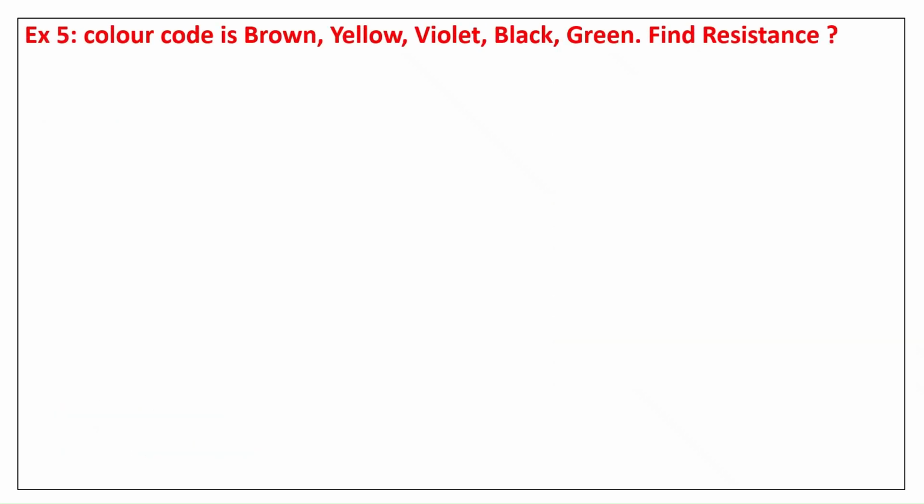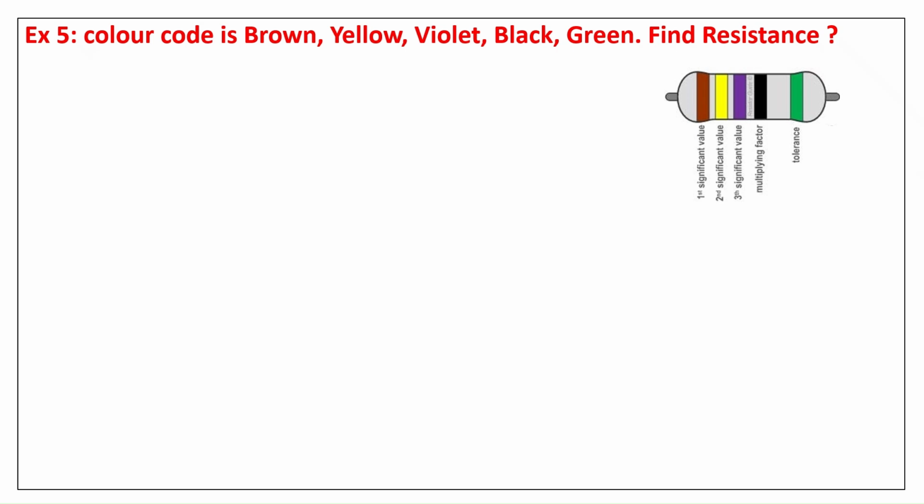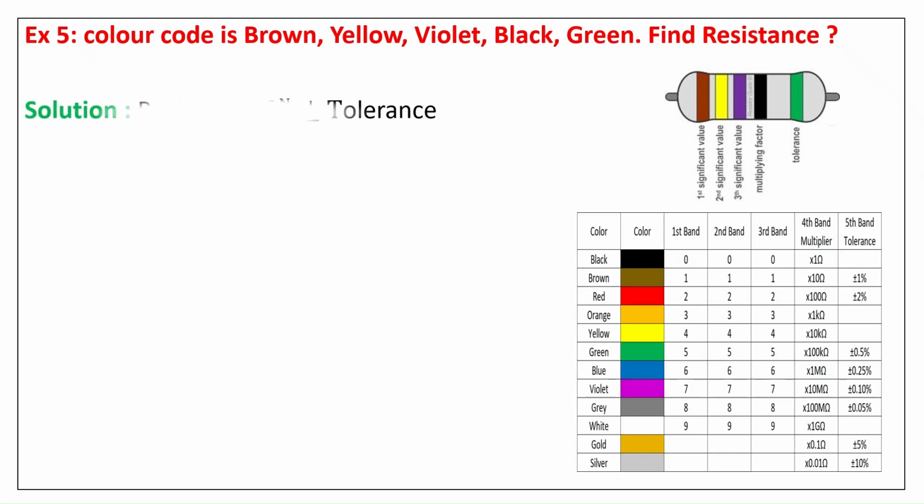Example 5. Color code is brown, yellow, violet, black, green. Find resistance. Solution. Colors are brown, yellow, violet, black, green. So this is a 5-band color resistor. Therefore, the formula is R is equal to xyz into 10 to the power n plus or minus tolerance. Here n is the multiplier.